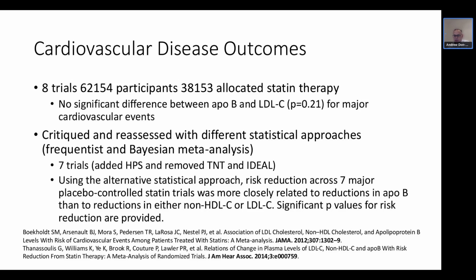Using this alternative statistical approach, looking at risk reduction across the trials, they determined that the risk reduction was more closely related to reductions in apolipoprotein B than reductions in either non-HDL cholesterol or LDL cholesterol. In the paper, they demonstrate the significant p-values for this risk reduction. That was published in 2014, and I think Dr. Snyderman was part of that group that published that paper as well.